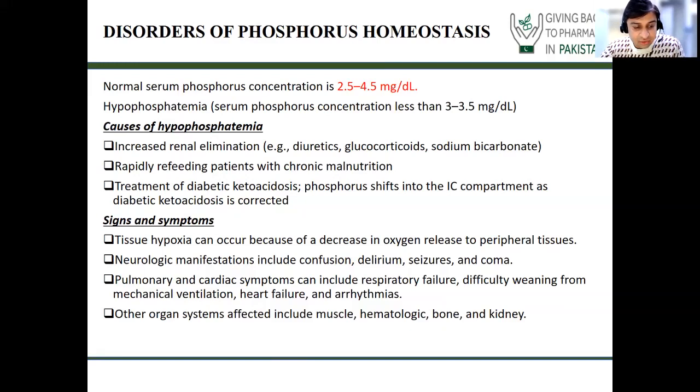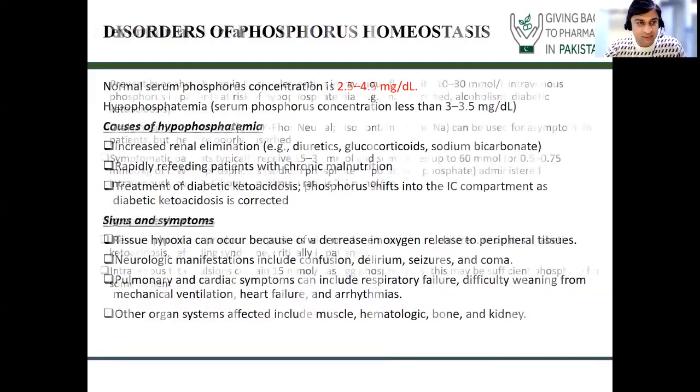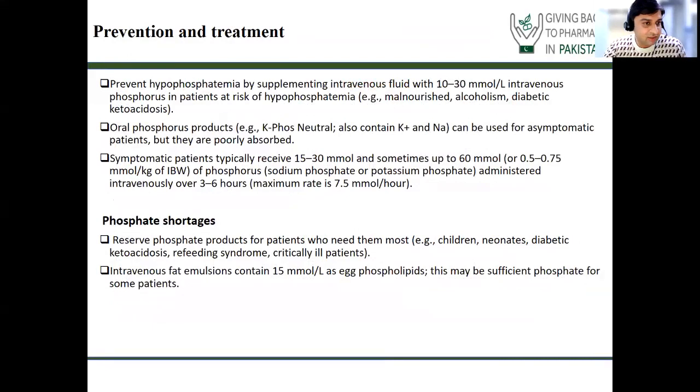Similarly, those patients have neurological manifestations including confusion, delirium, seizures, and coma. And pulmonary and cardiac symptoms may include respiratory failure, difficulty weaning from mechanical ventilation, heart failure, and arrhythmias. Other organs include muscles, hematological, bone, and kidneys. So this is a very important electrolyte in our daily practice.